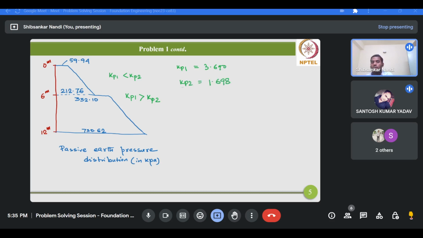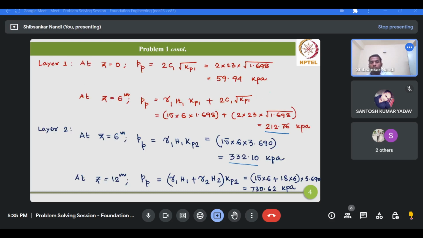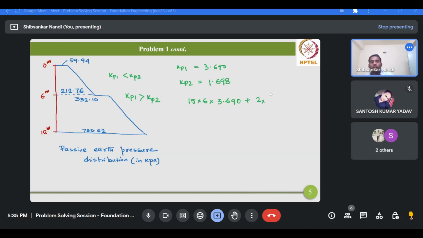So gamma 1 is 15, then the h value is 6, multiplied by 3.690, plus the cohesion component, so 2 multiplied by the cohesion part, 23, into 3.690.